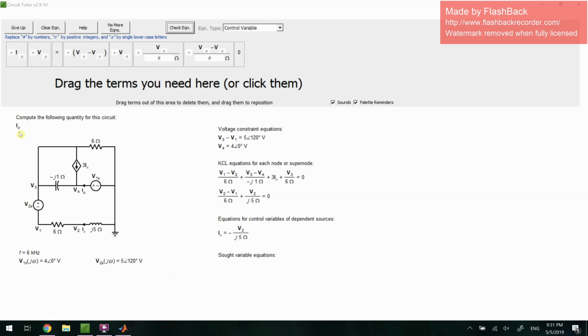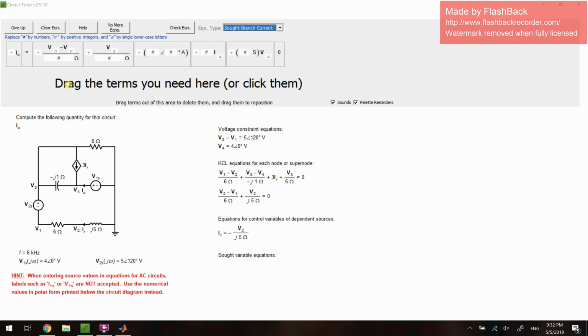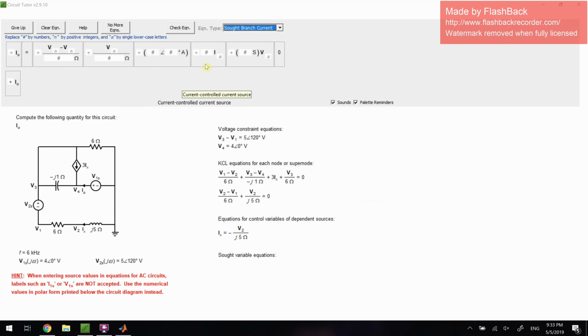And then for our sought variables, we are seeking a branch current, and that equation is actually going to resemble a KCL equation. So you can see that there are three branches that enter the node V4. So we could say that I out is going to be coming into V4, which is negative, because in KCL we assume that positive current moves out.